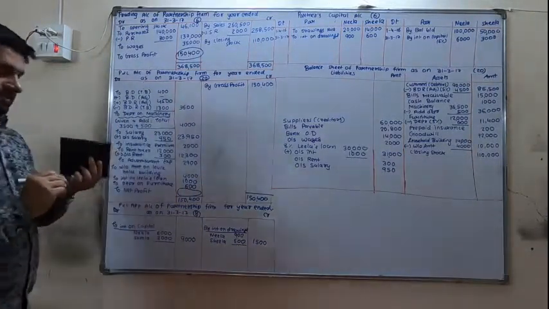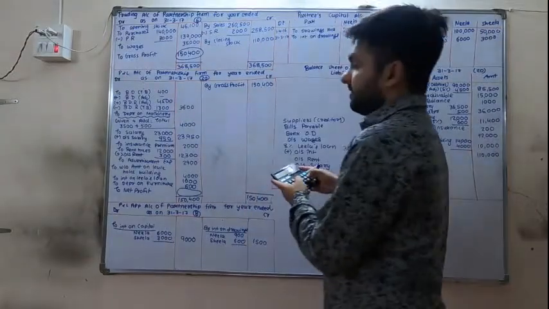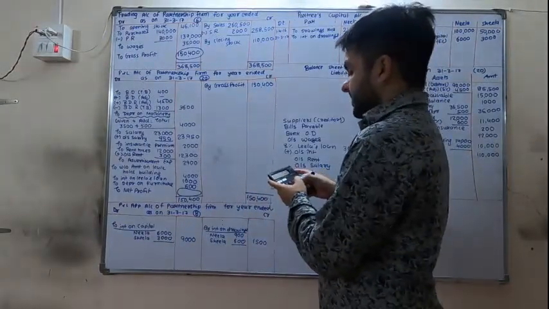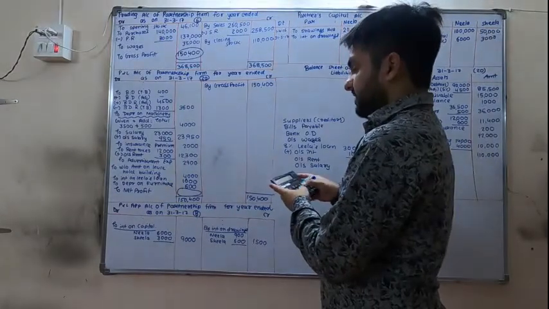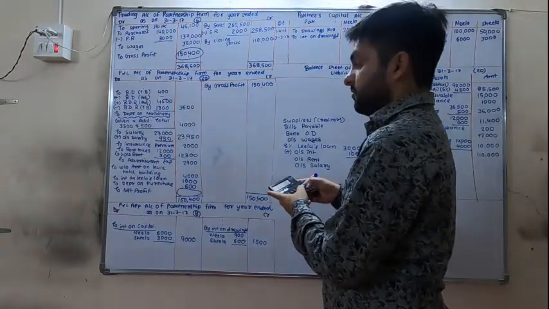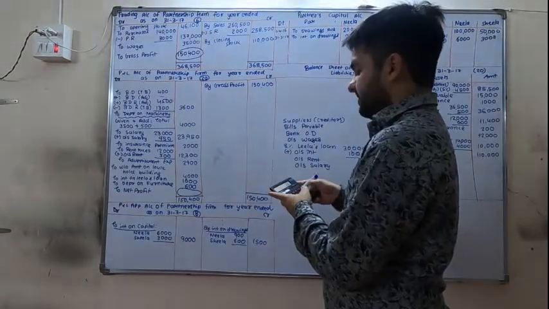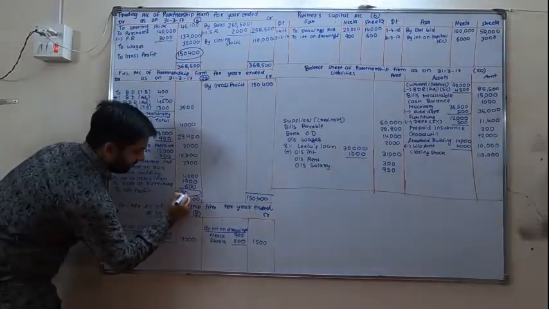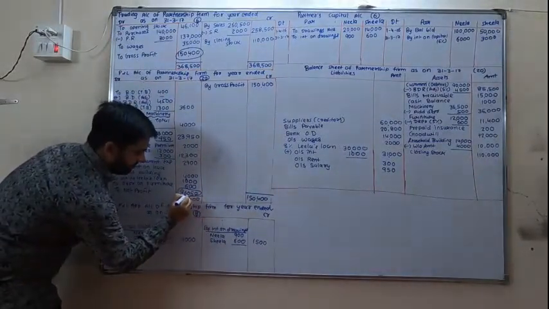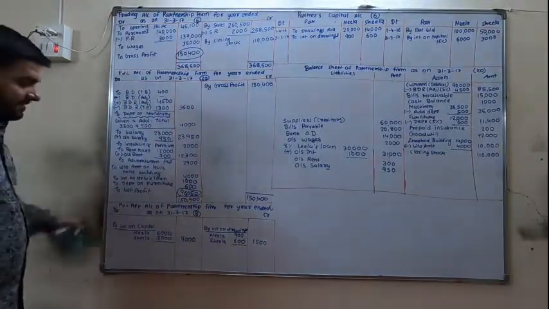To net profit. 1,50,400 minus 3,600 minus 4,000 minus 23,950 minus 2,000 minus 12,300 minus 2,900 minus 4,000 minus 1,000 minus 600 is 96,050. In old books this answer is wrong. Okay, net profit is 96,050.